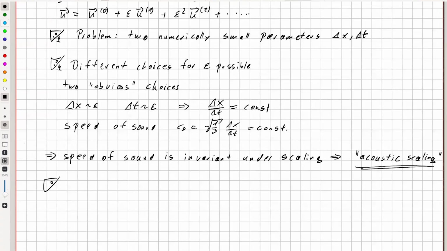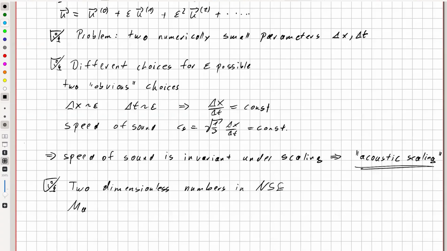So let us remind that there are two dimensionless numbers in our Navier-Stokes equation.